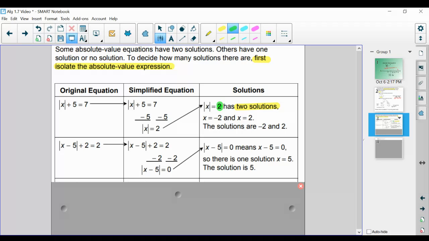We set that equal to x minus 5 equals 0, and then we find that the only possible value is positive 5. And we can check this, because if we have negative 5, let's plug it in and see by contradiction. Well, negative 5 minus 5 is negative 10, and the absolute value of negative 10 is 10. It's not 0. So we only get one solution here, because, again, it's equal to 0.